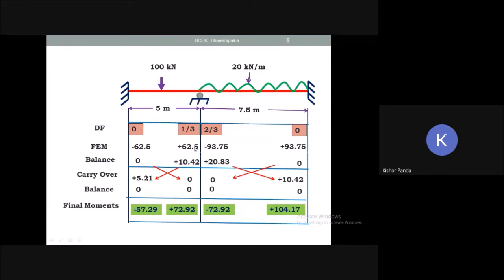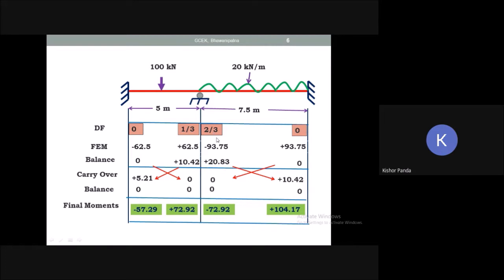And at joint 2, what is the net moment? 62.5 minus 93.75. What is the moment you got here? That net moment you have to multiply with 1/3 and put here with opposite sign. And this net moment you have to multiply with 2/3 and put with opposite sign.